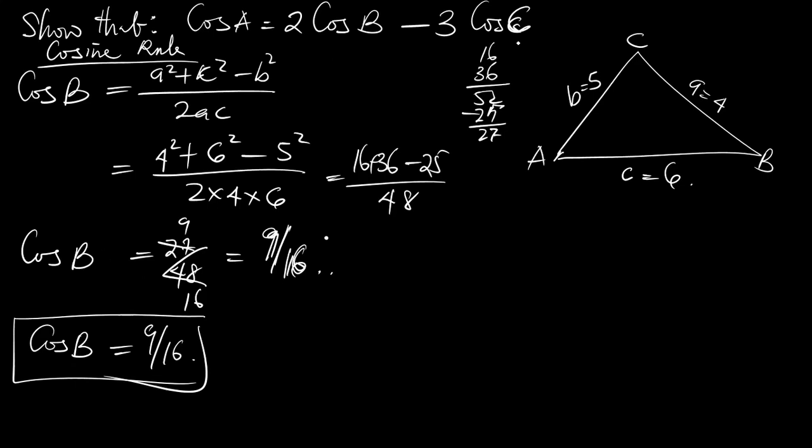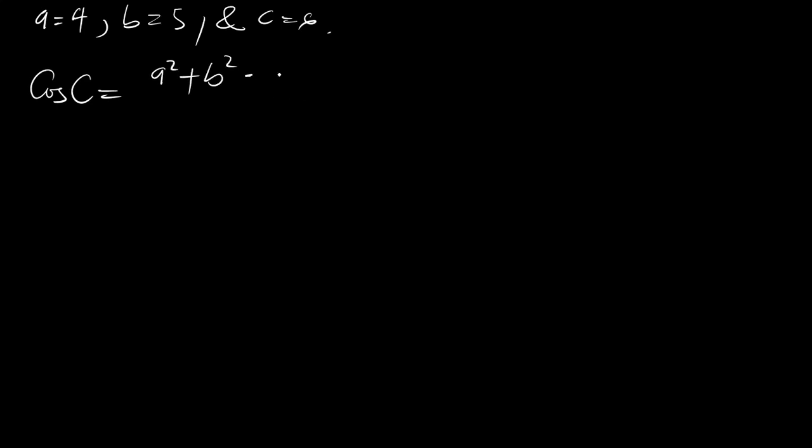Now let's look for cos C. Let me just bring forward the values of the sides: a is 4, b is 5, and c is 6. So cos C, using the cosine rule, is a square plus b square minus c square divided by 2ab.